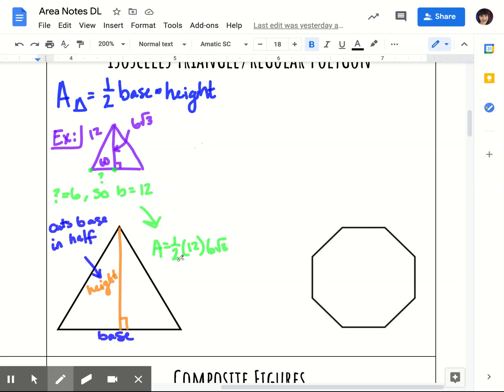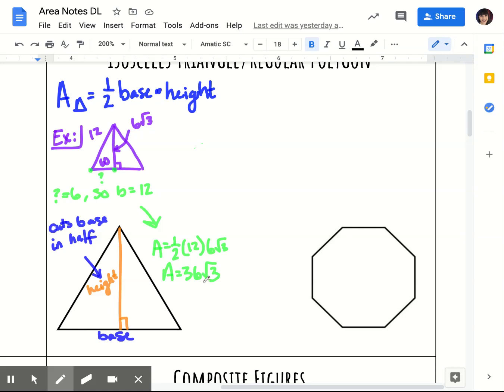I'm just going to leave the √3 off by itself and deal with it at the end. So 12 times 6 divided by 2 is 36. So my area here is 36√3.